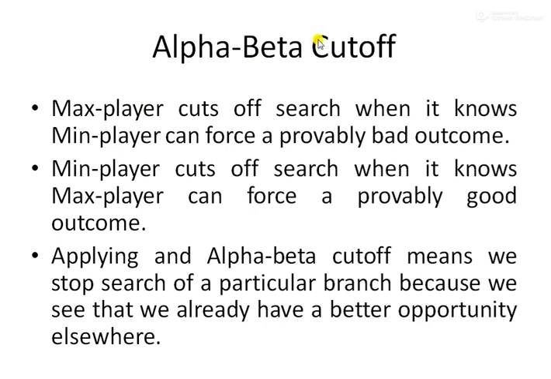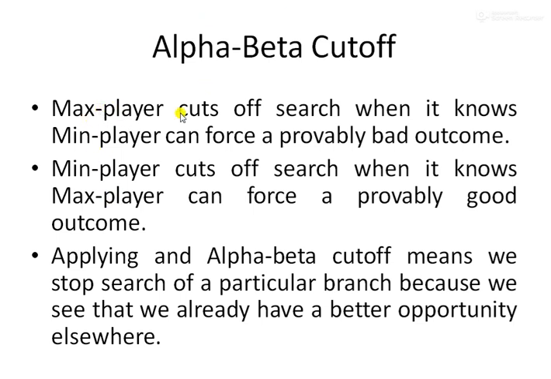So the alpha beta cutoff idea is that when the max player comes to know that the min player is not going to give good moves, max can cut the branches of the tree. And similarly, when min comes to know that the max player is going to give some good move, min can cut the branch of the tree. So that is the idea.